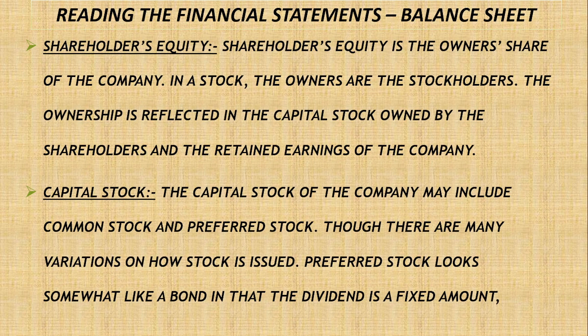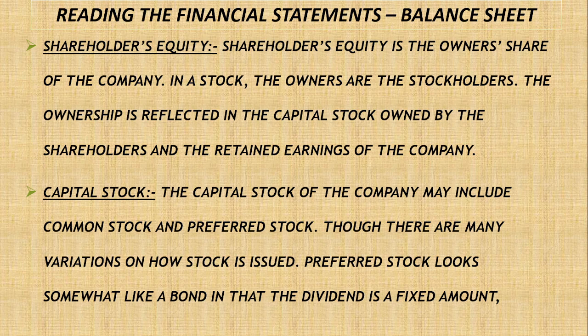Shareholders' equity. Shareholders' equity is the owner's share of the company. In a stock company, the owners are the stockholders. The ownership is reflected in the capital stock owned by the shareholders and the retained earnings of the company. Capital stock. The capital stock of the company may include common stock and preferred stock.